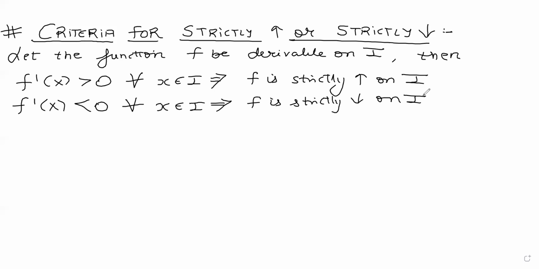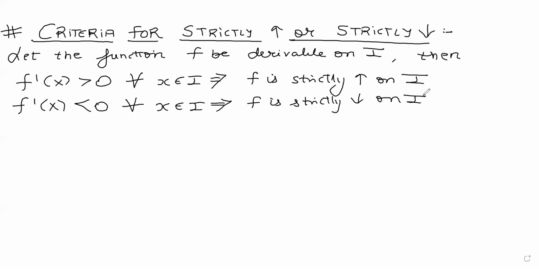So guys, this is the criteria for strictly increasing or decreasing. What we had done in the beginning of this lecture was the definition of strictly increasing or decreasing. What we are doing right now is the criteria using which we will show whether a function is strictly increasing or decreasing.